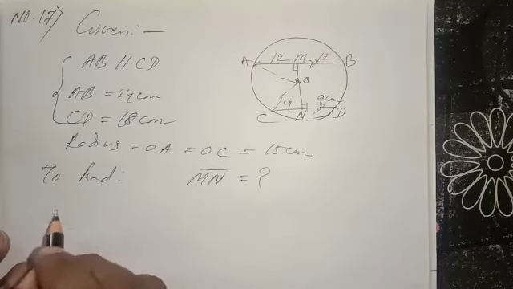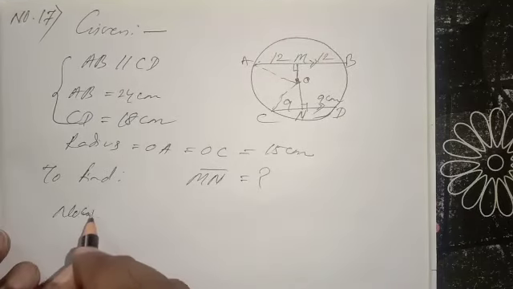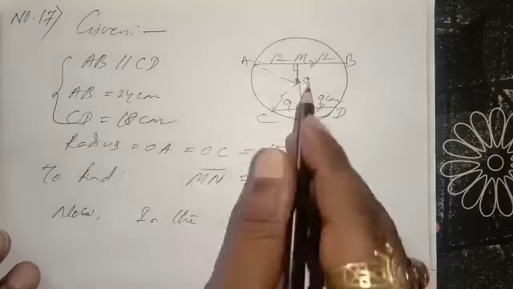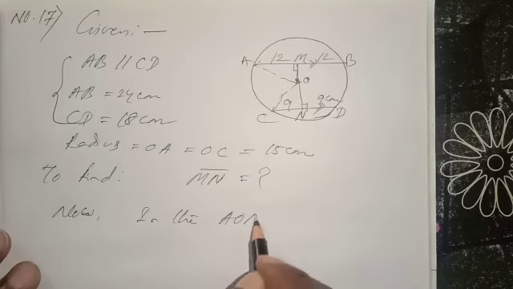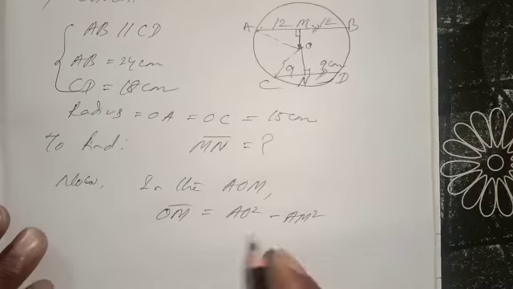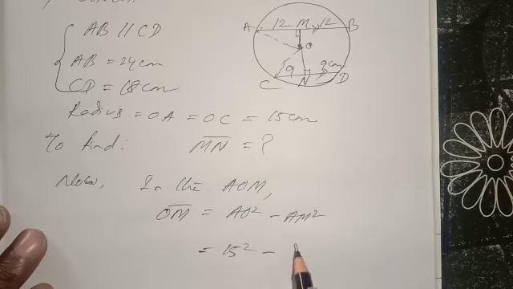Now, in the triangle AOM, OM equal to how much? By using Pythagoras theorem, AO square minus AM square. Here AO is radius, that is 15 square, minus AM, that is half, 12. 24 half is 12 square.